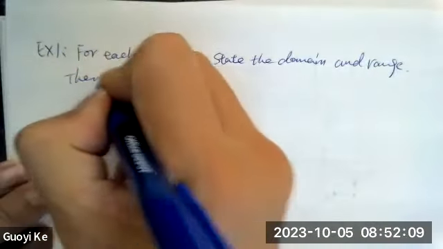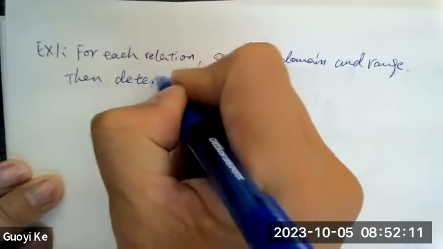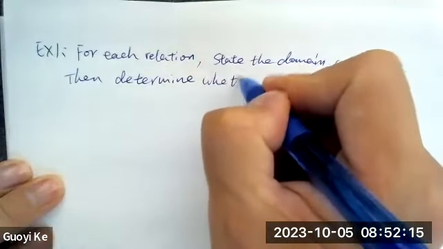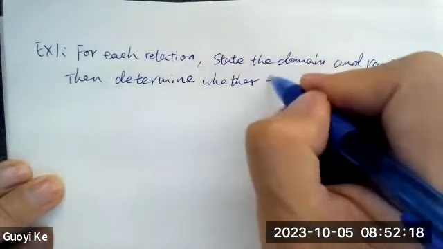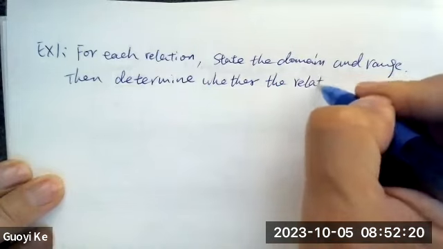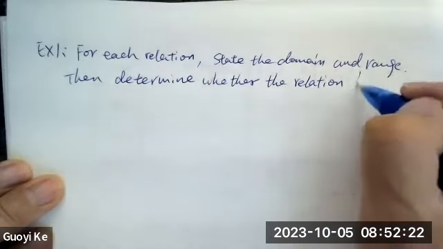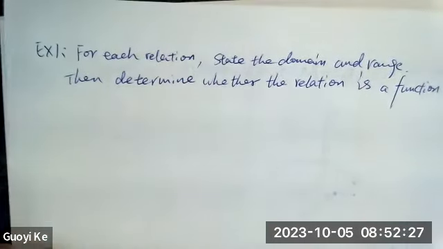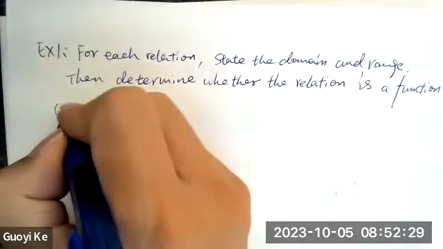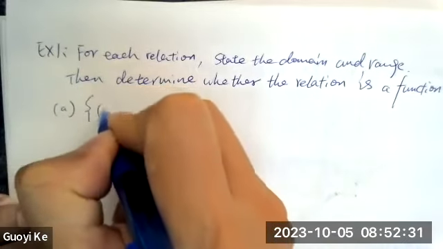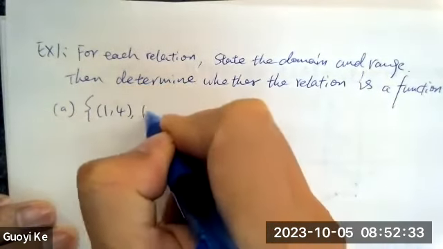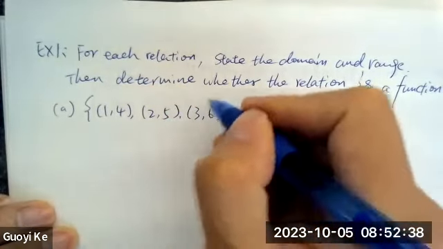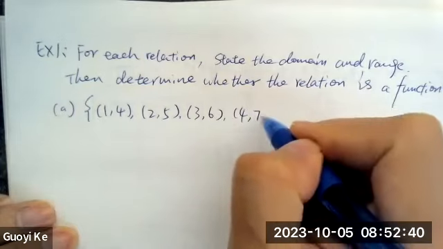Then determine whether the relation is a function. Okay, and the first one is (1, 4), (2, 5), (3, 6), and (4, 7).